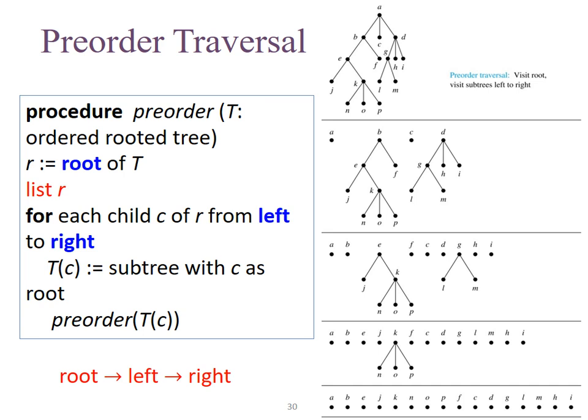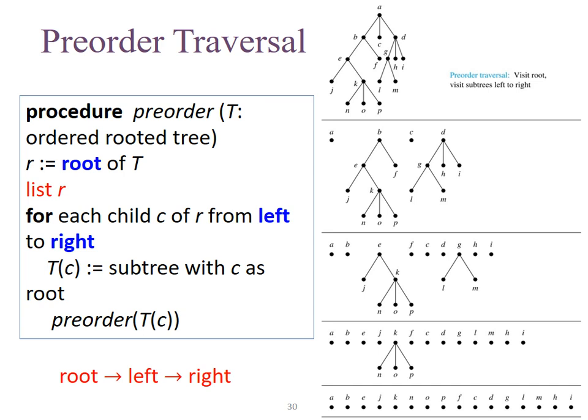We have the root A, and we have three subtrees rooted by B, C, D. So now we have four candidates, A and the subtrees. By the pre-order traversal algorithm, we need to visit the root first. So the first output node will be A. And then we traverse the subtrees from left to right. So in this case, we have A and subtree B, C and subtree D.